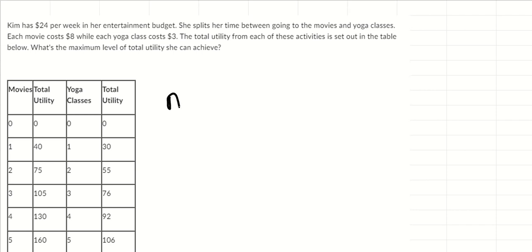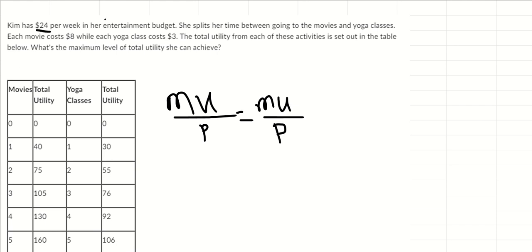The marginal utility of good A divided by the price of good A must equal the marginal utility of good B divided by the price of good B. This equation allows the person to maximize utility and also allows us to rank the person's preferences and see what the first purchase, second purchase, and third purchase will be, until she gets to her budget, right? So that budget constraint of $24 also plays a very important role here, okay?